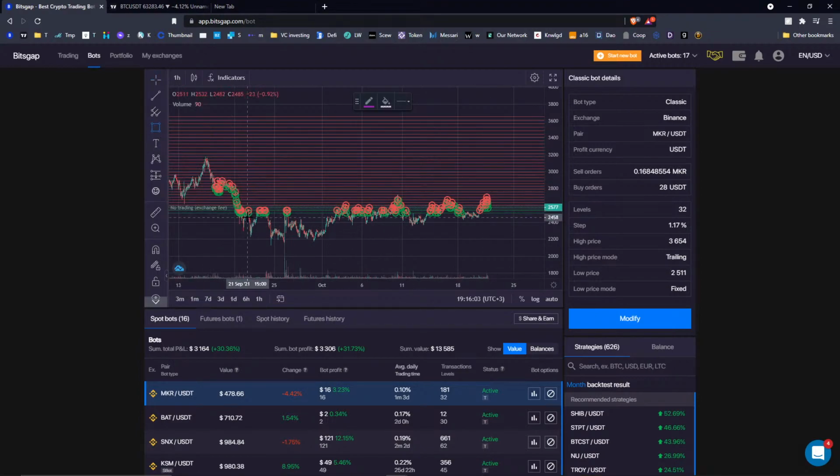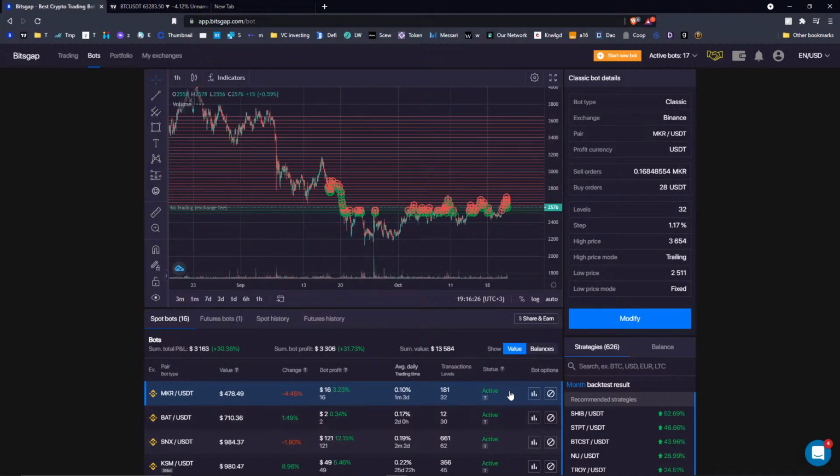So my configuration was not good enough to capture all of this price momentum over here down to $2,100. So that's why I basically did not participate in the market in this region. But right now it's the worst configuration I have, so I should actually consider closing it.